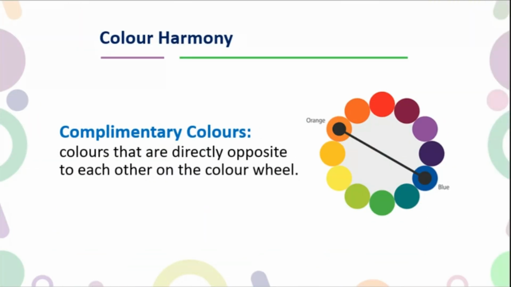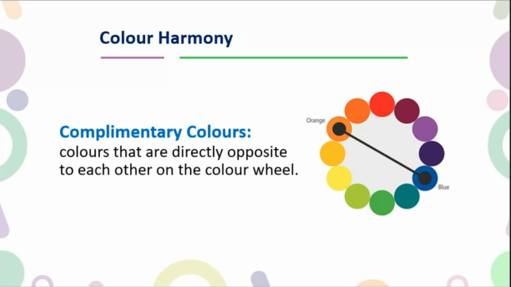The first one is complementary colors. When you are a graphic designer and you are designing, we have some basic color theories that we call color harmony. The first one is complementary. Complementary colors are the colors on the color wheel that are directly opposite each other.